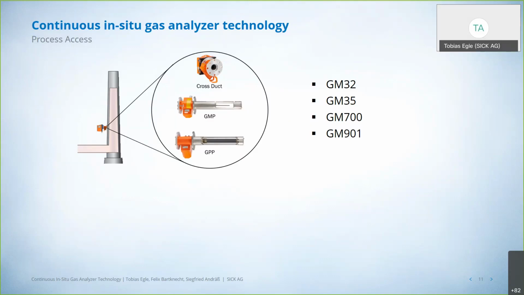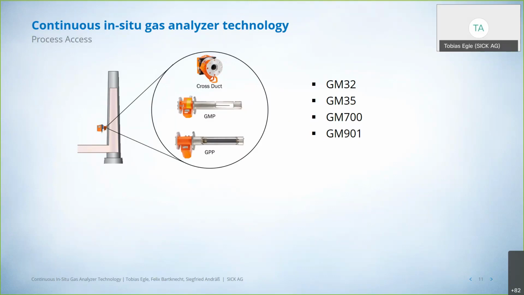You can go cross-duct. If you only have one platform and it's a CEMS measurement with not a lot of dust and humidity, you can use the GMP probe, which is an open path probe. It gives you fast response time and not a lot of maintenance, but needs one access from the side.